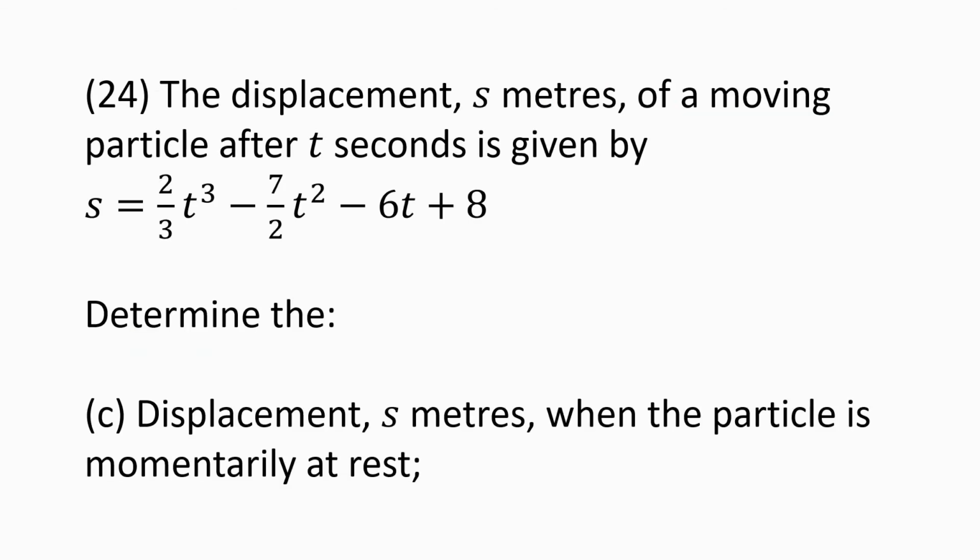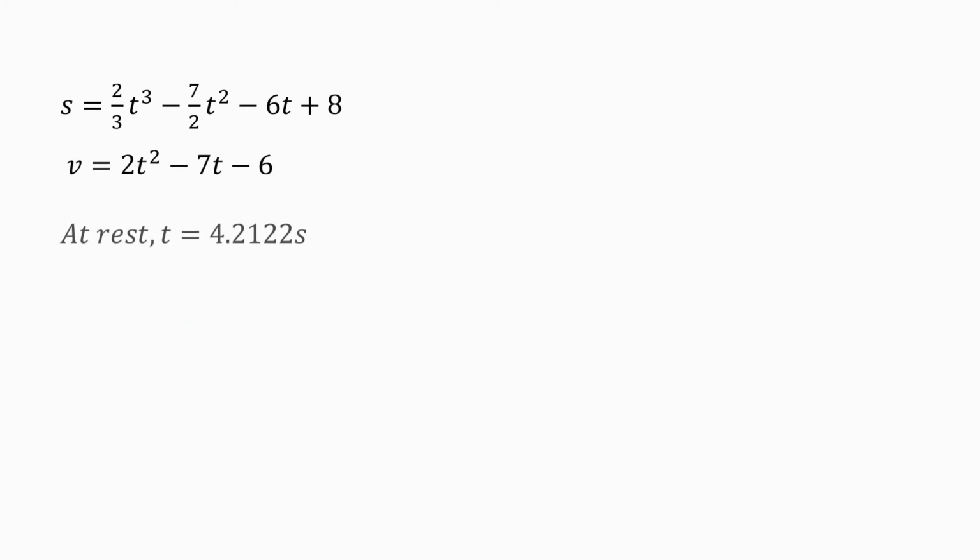Part C. Determine displacement S meters when the particle is momentarily at rest. This is the displacement function. We obtained the velocity function, and at rest t was 4.2122 seconds. So we need to find the displacement, and to do that we substitute t by the value we have obtained.